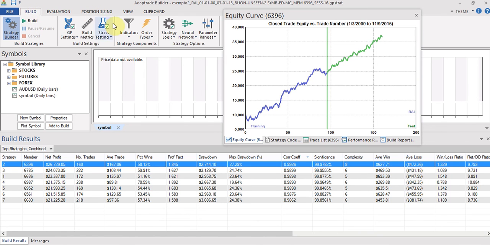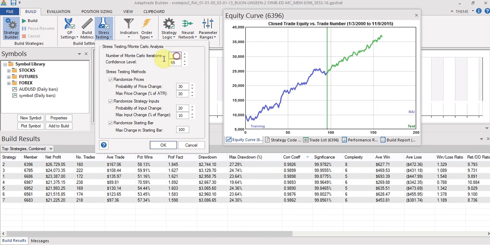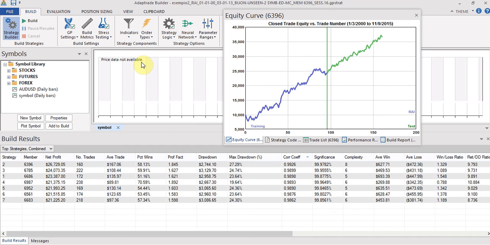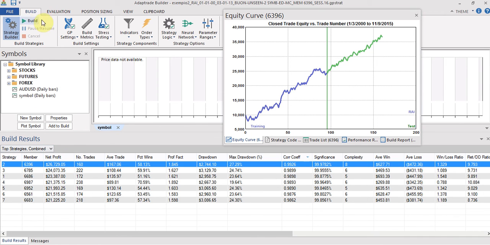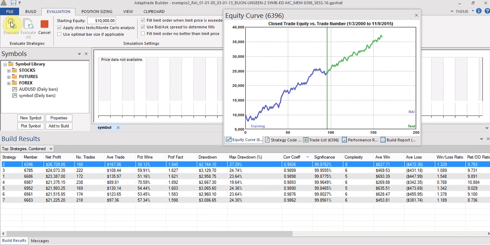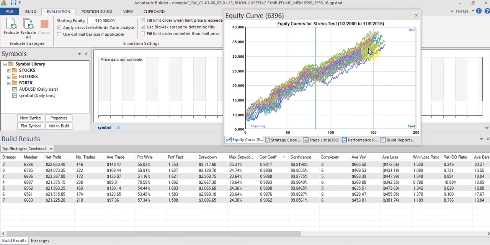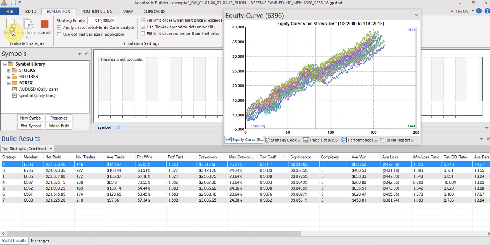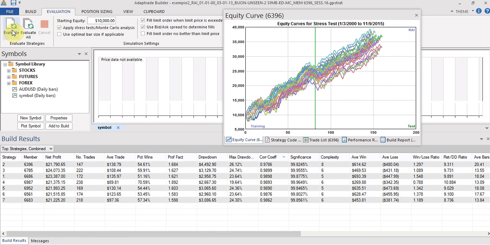I want to do a tougher test and increase the number of iterations, and let's see what happens. You see, the equity lines are still very close to each other. Net profit is positive and max drawdown is okay. So that's definitely a good candidate.